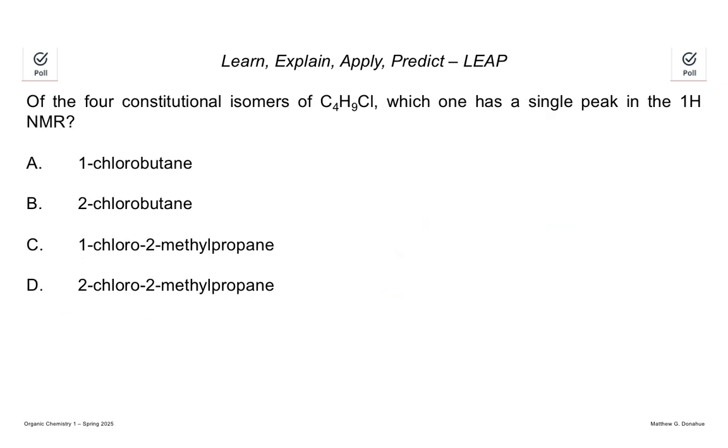So which constitutional isomer will have a single peak in the proton NMR? 2-chloro-2-methylpropane, so D. When you're on that carbon, you go out CH3, CH3, CH3.